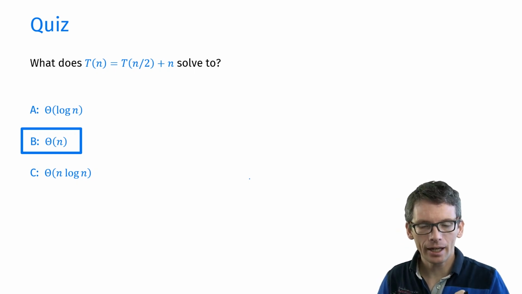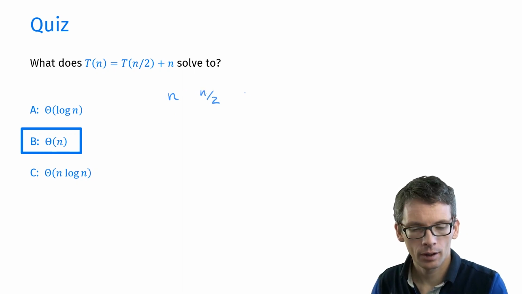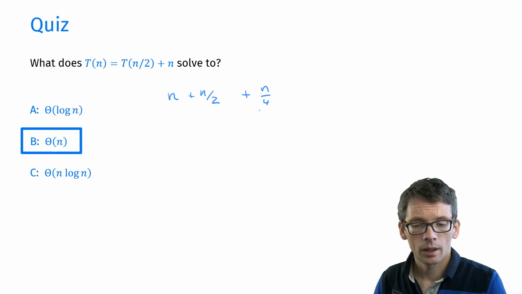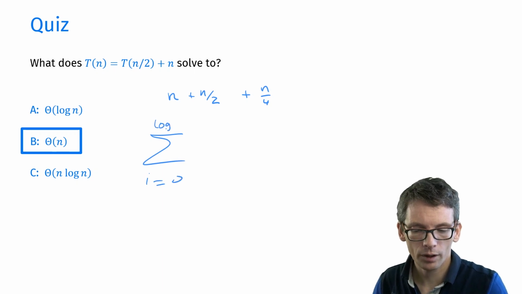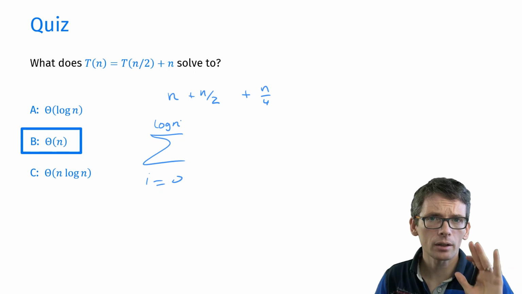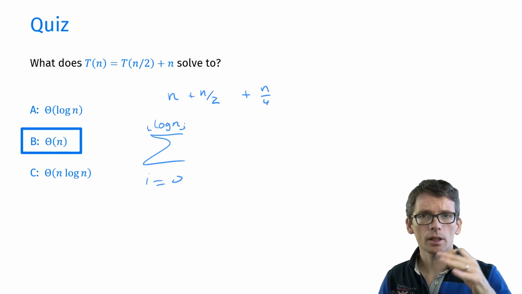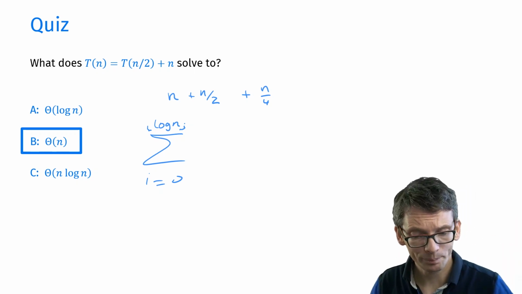So why is that the case? Because we get an n, then we get an n half, then we get n quarter, and so on. So what we have here is a sum where i goes from 0 to roughly log n. Of course, log n isn't always an integer, so we should be a bit more careful and round, but if I don't explicitly round, just think of it rounded, or think of n being a power of 2.